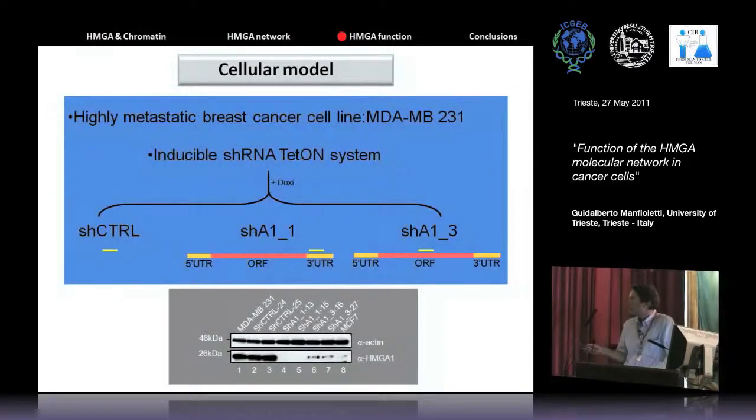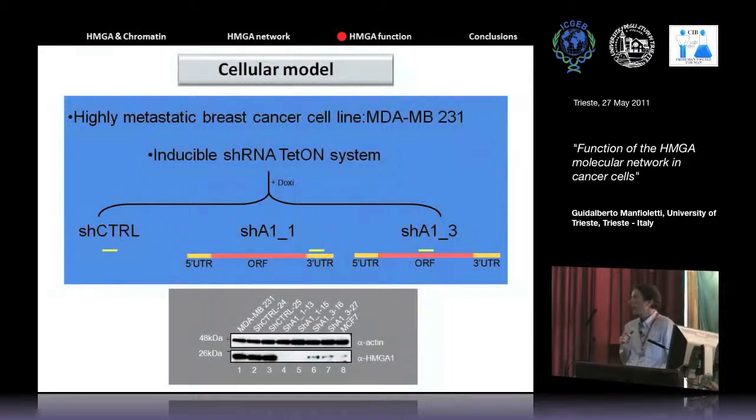Since time is short, the next question was, okay, so HMGA establishes a network of interactions in cancer cells. So is this network of interactions critical for cancer cells?